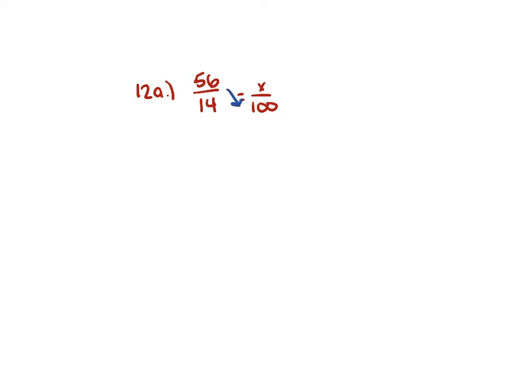So we're going to cross multiply with these. We're going to have 14x is equal to 5,600. We are then going to divide each side by the 14. The 5,600 divided by 14 gives us 400. So x is 400, or 400%.